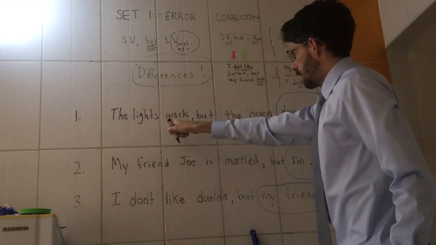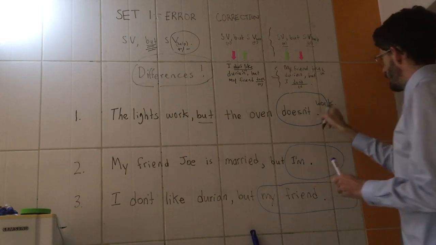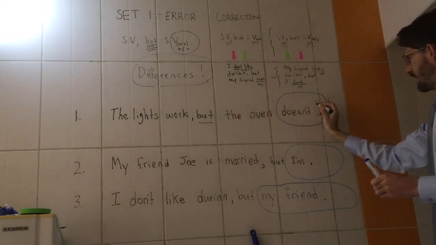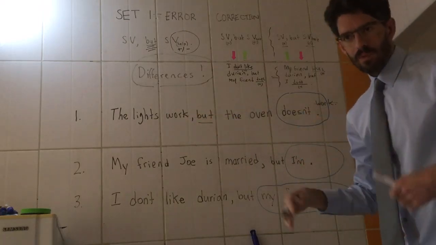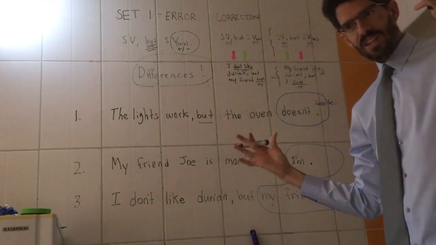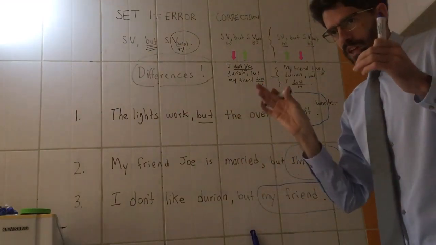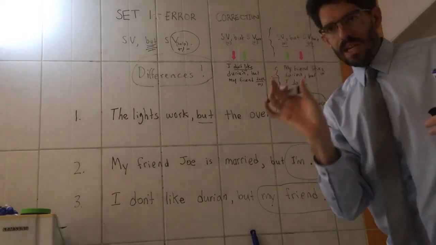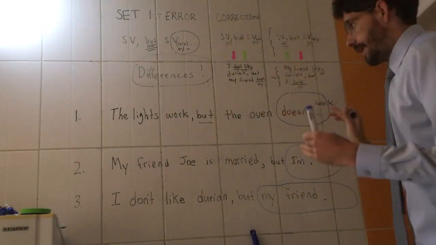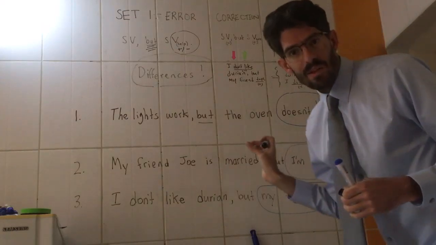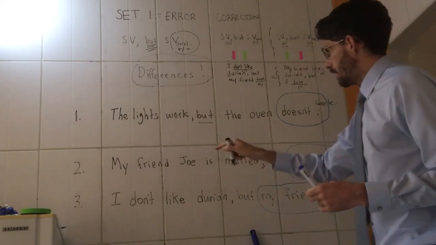The lights work, but the oven doesn't work. But I don't have to say work twice because that's repeating. In English, when you get to higher levels, not everything is a simple sentence repeating the same words. You can write sentences that take out repeated words, okay? So we can take out the main verb here, all right?